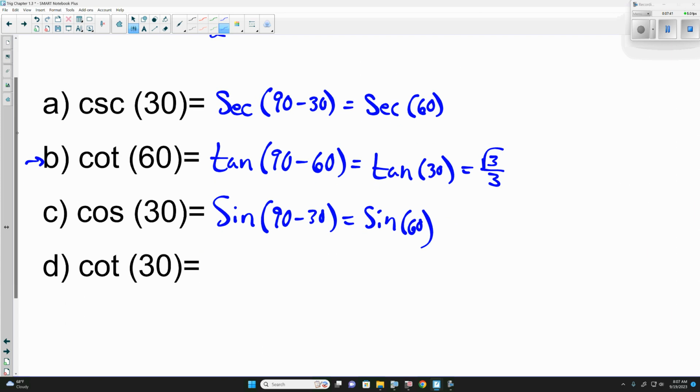And our cotangent of 30 is the same as tangent of 90 minus 30, or tangent of 60. So we can work from one to the other. Especially if we're given one of those values, we could find the rest. Does that make sense?